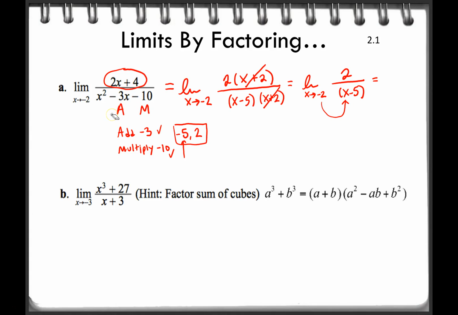So that's an issue. So I'm going to plug in -2 now, and I'm going to get 2 over -2 minus 5. And notice how as soon as I plug into my limit, I can drop that limit symbol. All right, and now this is going to be 2 over -7, and that's our answer.